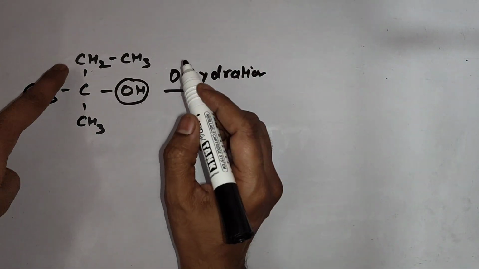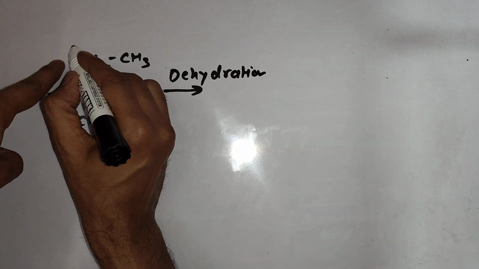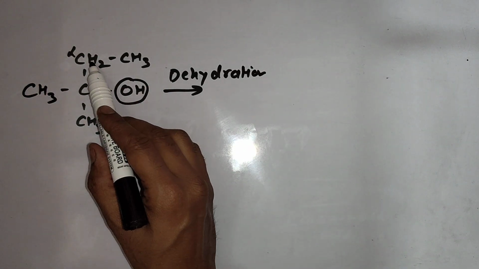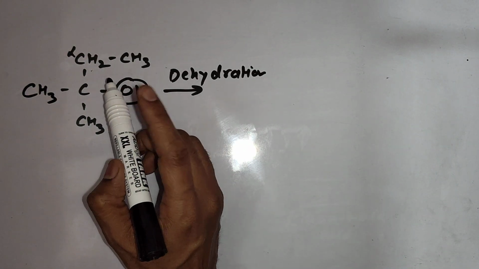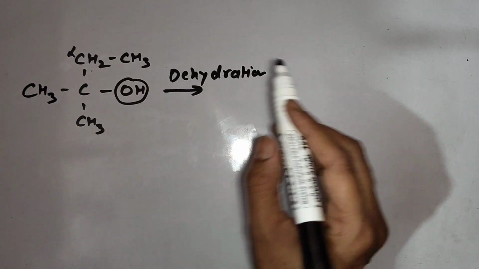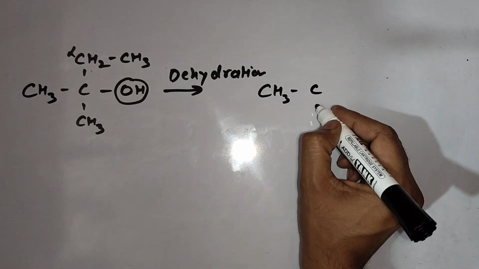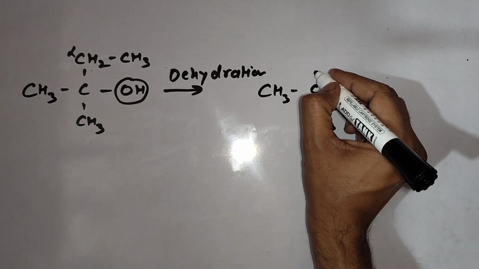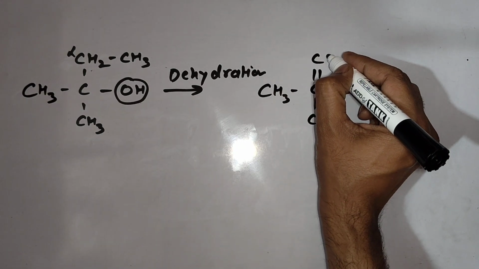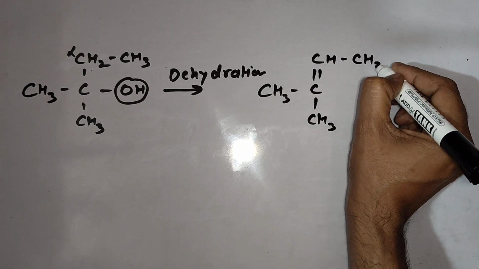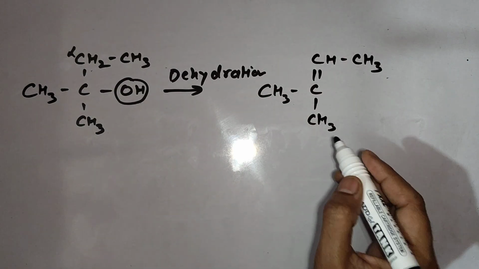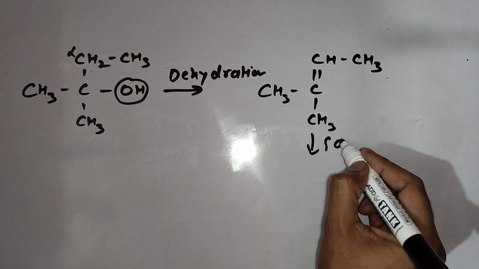Now, which alpha hydrogen will be removed? This alpha hydrogen will be preferred because the alkene which is generated here will be a stable alkene. To understand that concept better, please check previous videos. This alkene will generate. This one. Now let's oxidize it.